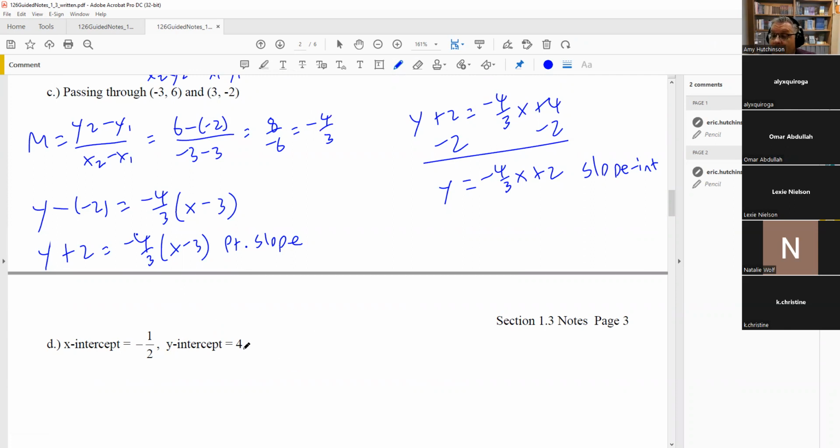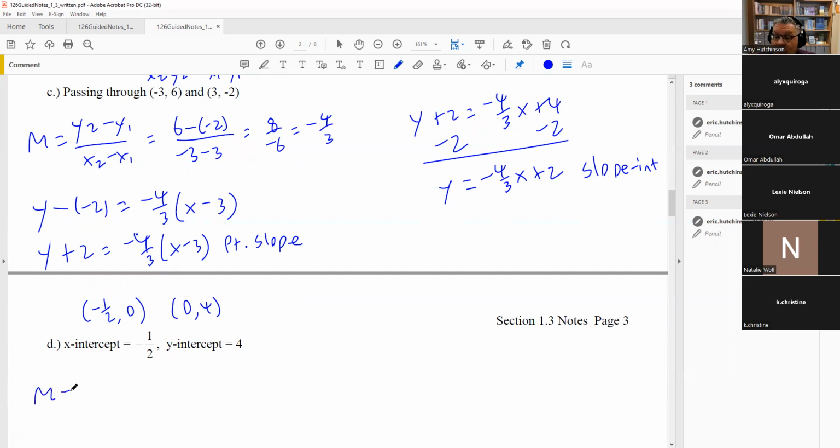So this one can be written as -1/2, 0, because it's an x-intercept. And then I have 0, 4 for the y-intercept. For an x-intercept, the y-coordinate is 0. For a y-intercept, the x-coordinate is 0. So we have these 2 points.